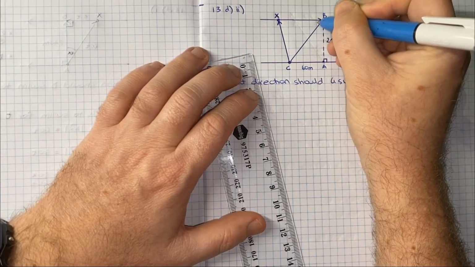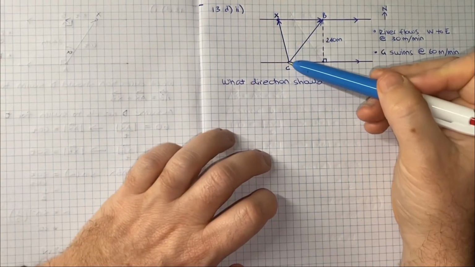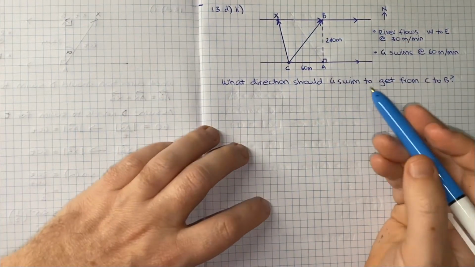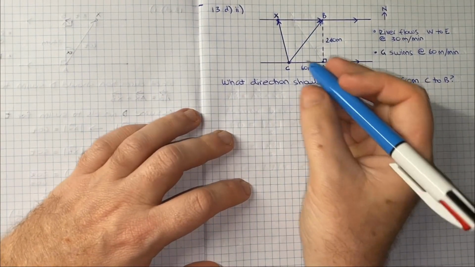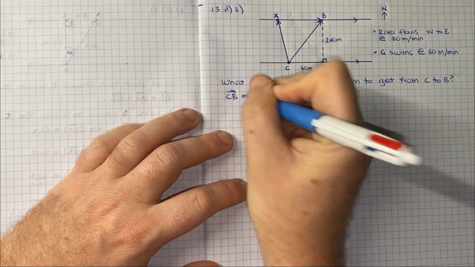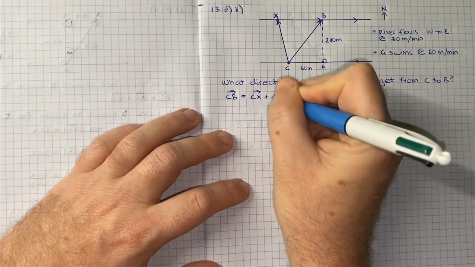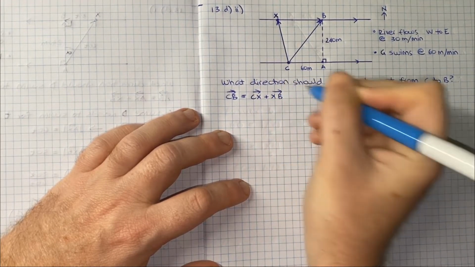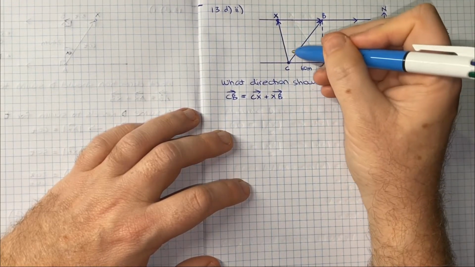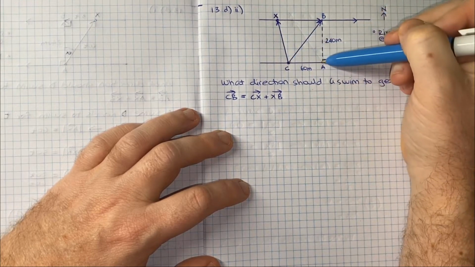So just like we did before, we're going to effectively get where we need to get to by this alternative route. Just like before, we can say that the vector CB we can get to by going from C to X vector plus X to B vector. And effectively, we're looking for this whole angle here, this angle XCA.